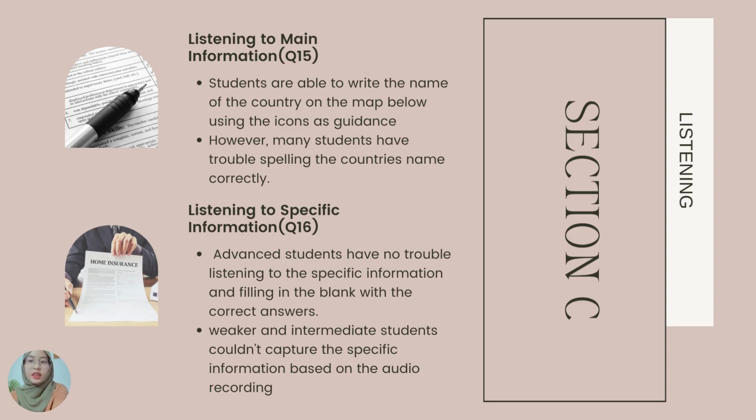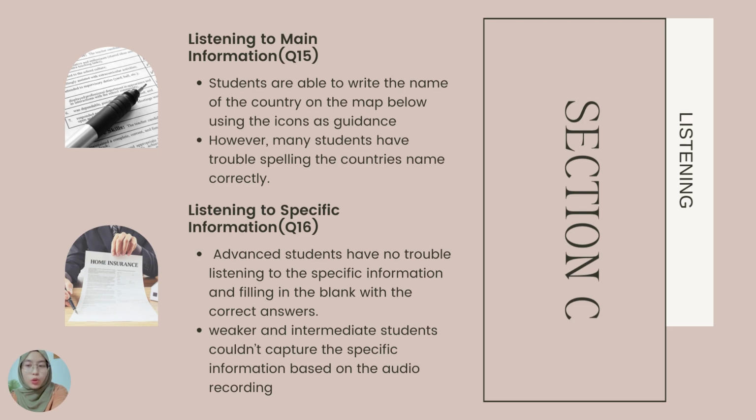For section C, it assesses students' listening skill, that is, to listen with support for the main idea of simple sentences and to listen to specific information and details of simple sentences. For instance, question 15 tests students' knowledge of countries' names and the weather.